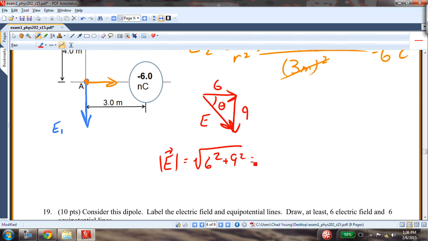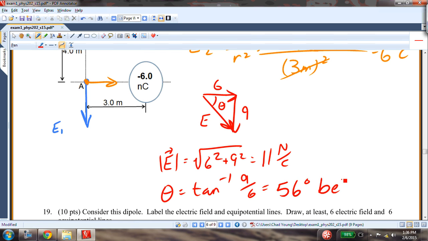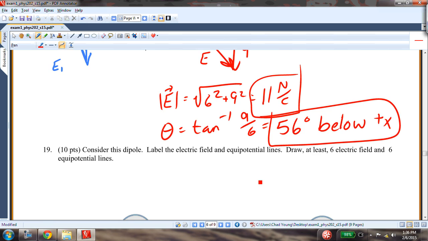Let's see, that is 11 newtons per coulomb. And then the angle theta is the inverse tan of 9 over 6, which is 56 degrees below the positive x-axis. That's the answer, 11 newtons per coulomb at 56 degrees below the positive x-axis.